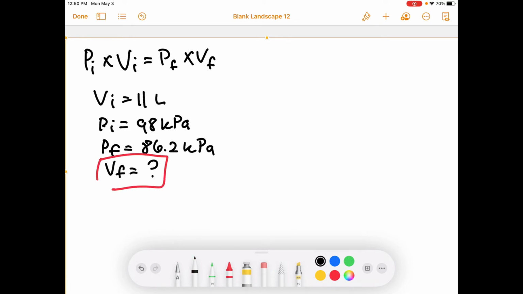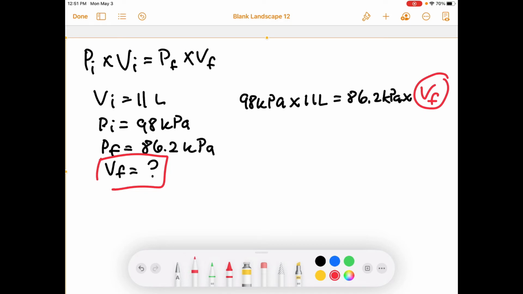So we're going to plug it in. Initial pressure is 98 kilopascals times the initial volume, which is 11 liters, equals the final pressure, which is 86.2 kilopascals, times the final volume. In order to get volume by itself, again, we're multiplying on this side, so to get to the other side, we need to divide.